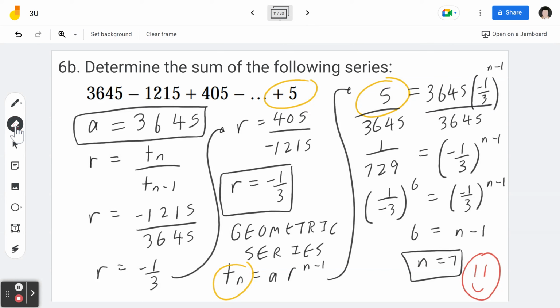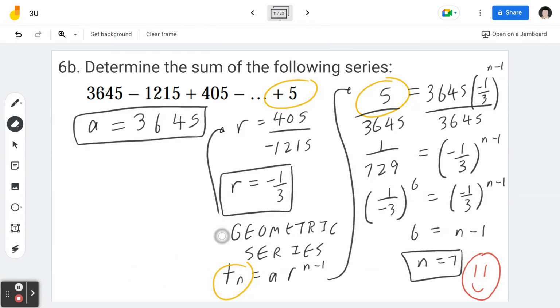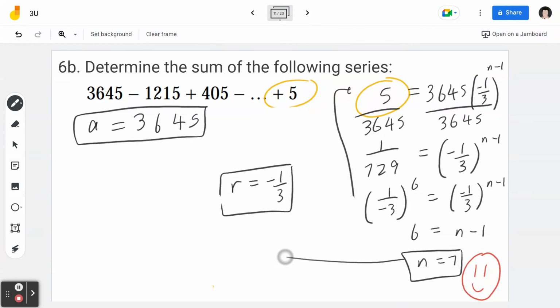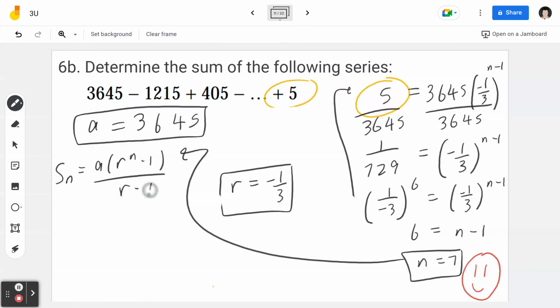Now we can go back and say, well, let's find the sum of these 7 terms. How do we do this? I'm going to go back and continue here for you. So now I can go back and say the formula for a geometric series is a times r to the n minus 1 divided by r minus 1.